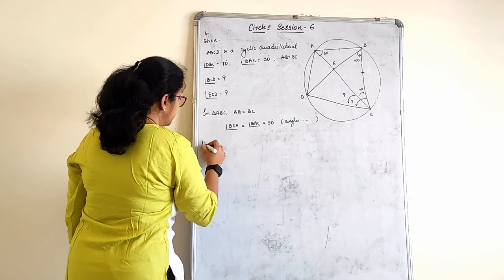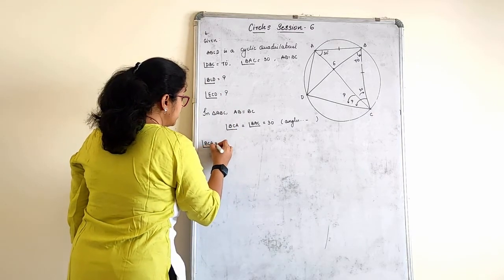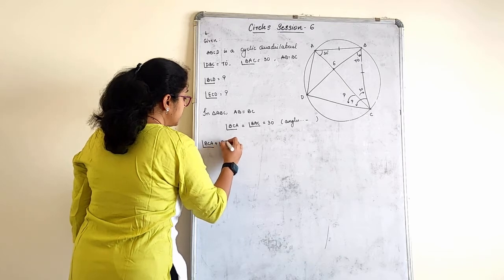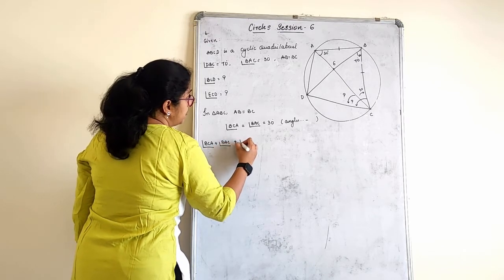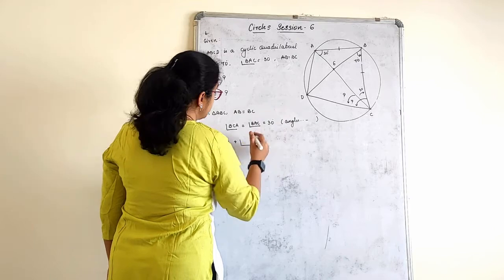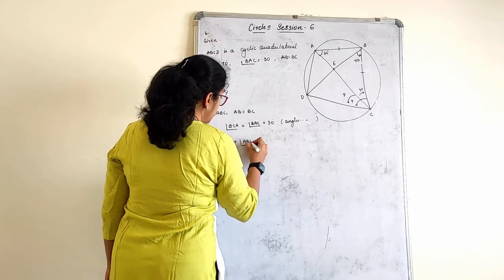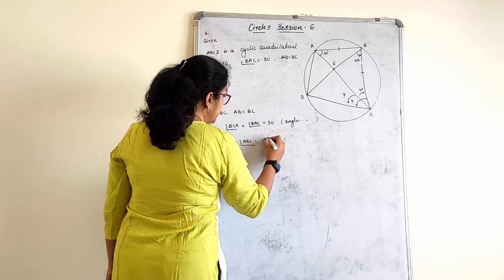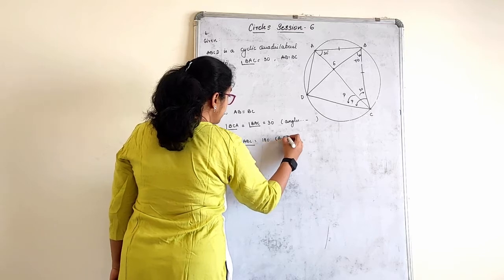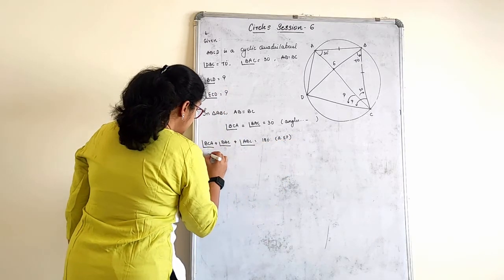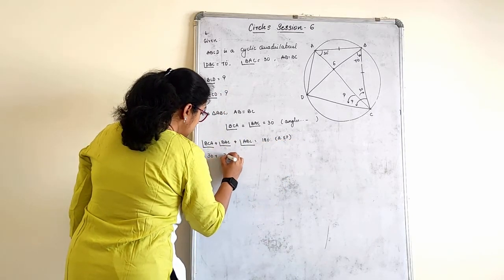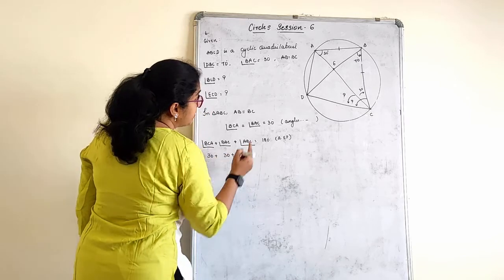So angle BCA plus angle BAC plus angle ABC is equal to 180. Angle sum property. So this is 30 plus 30.